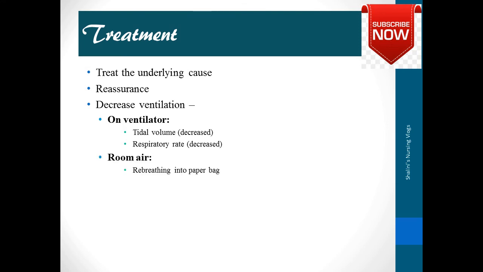But for patients on room air, we can think of rebreathing into a paper bag, where you ask the patient to exhale into a paper bag and then re-inhale the same carbon dioxide, which might help balance the drop in CO2 levels. Pain management and sedation can also control hyperventilation in certain cases. Also remember that you have to avoid too rapid corrections.